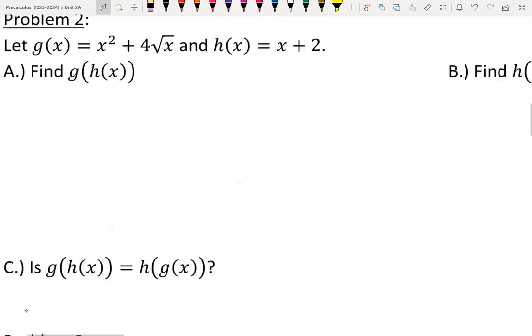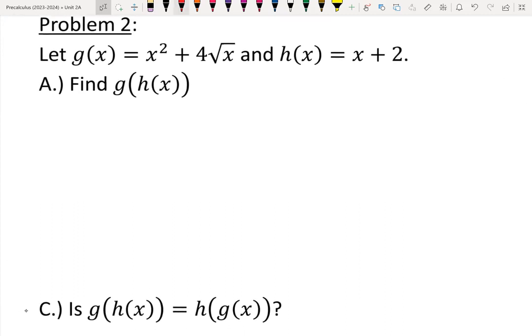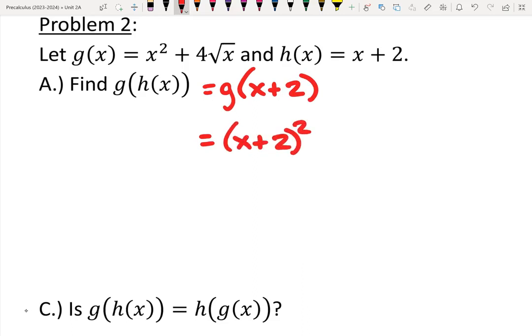Isabel, help me out with part A, please. Very good. So we plug in our h into g, and that should be the format that we have.